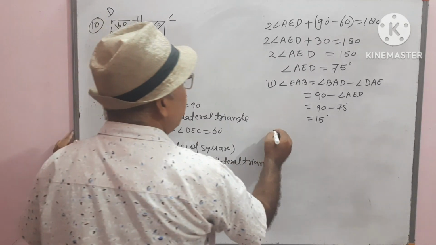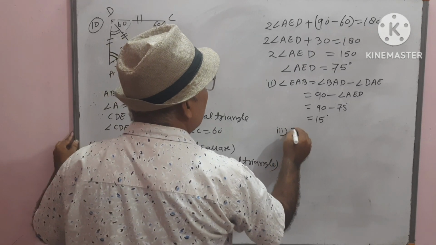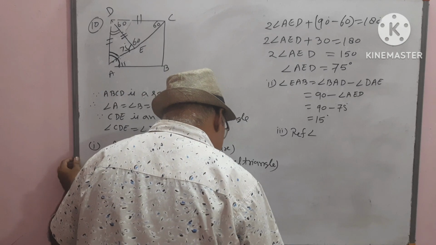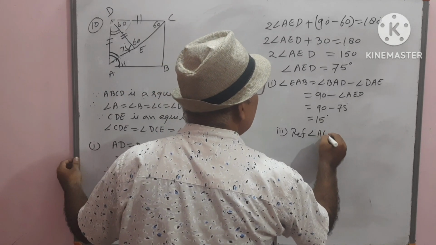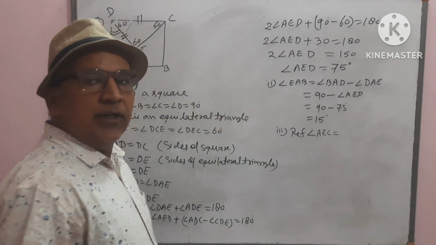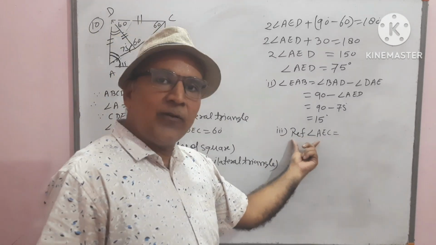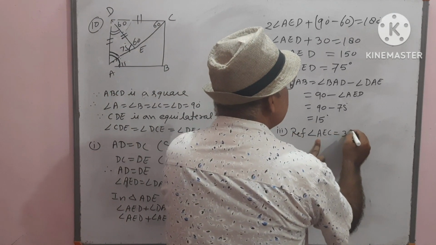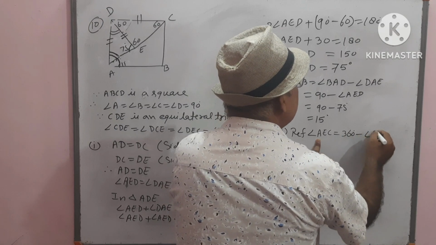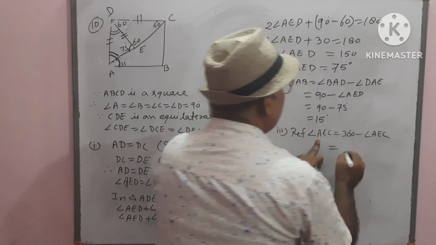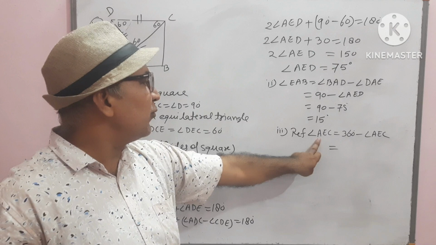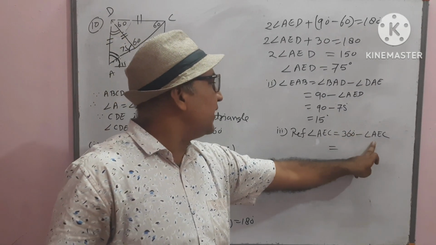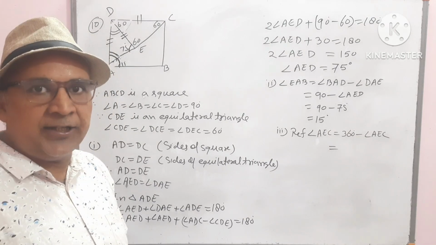Now the third part, reflex angle of AEC. If we have to find the reflex angle of any angle, then that angle should be subtracted from 360 degrees.